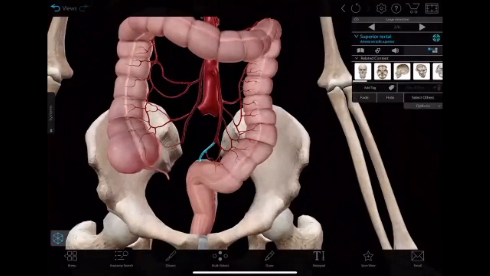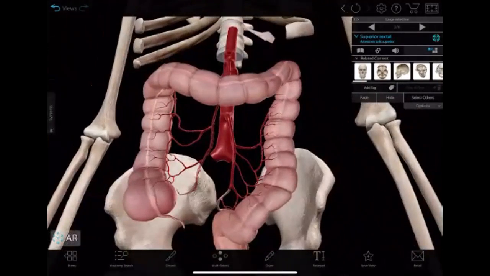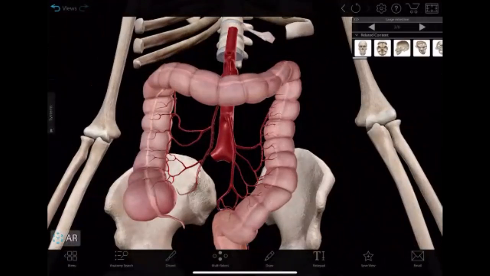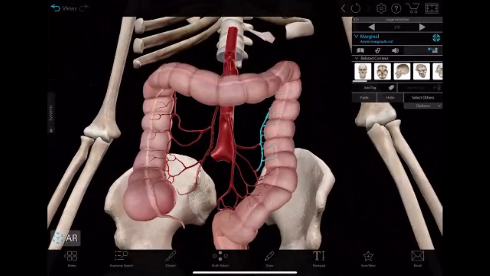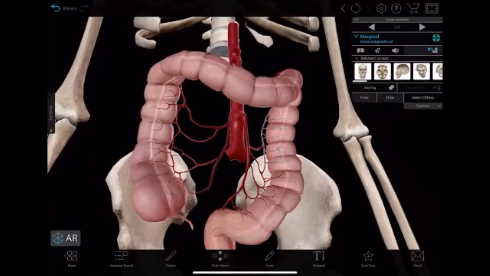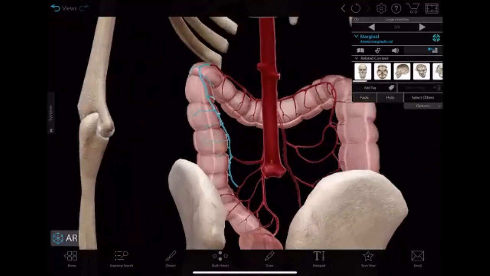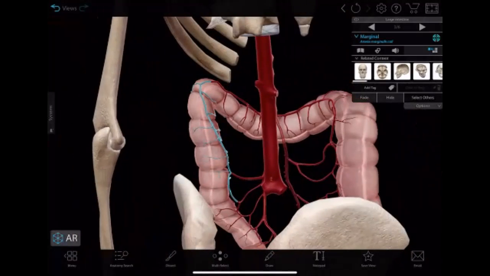So that is supply of the colon, but what we have to see is this one is marginal artery, right? Selected structure is marginal artery, which is formed by branching of the arteries. So this marginal artery forms anastomosis between superior mesenteric artery and inferior mesenteric artery.